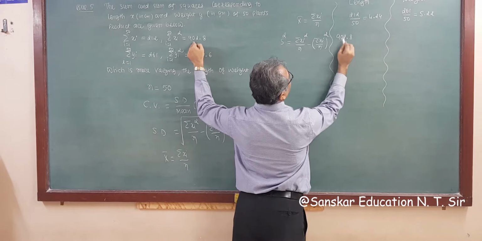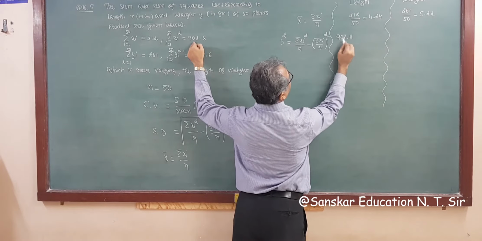Instead of 212 you may write the answer 4.24 directly, right? Now n is 50, so we write 50 also, and 4.24 whole square.